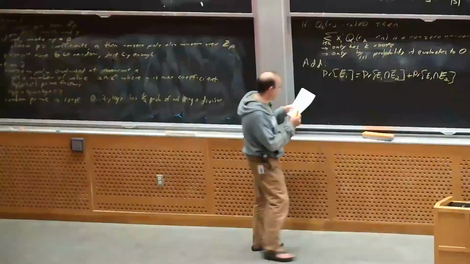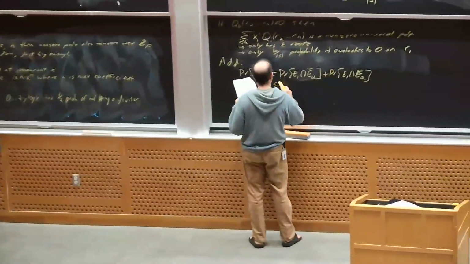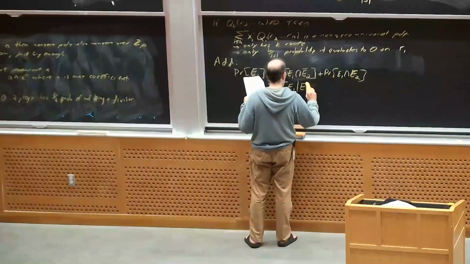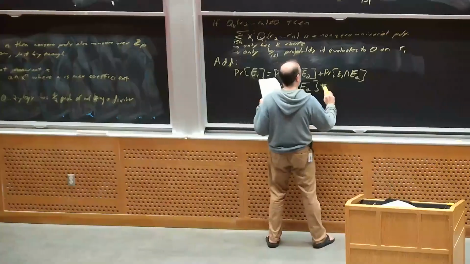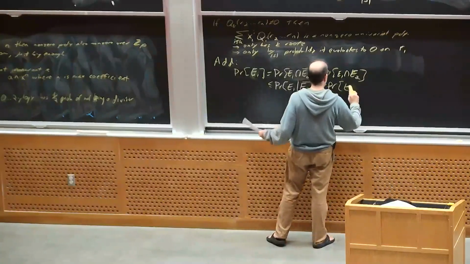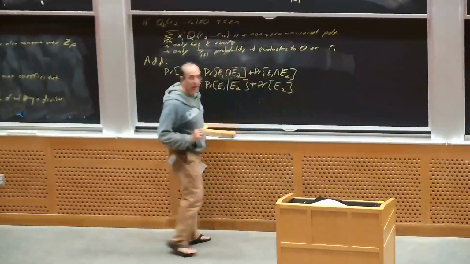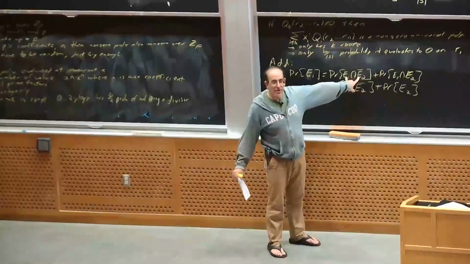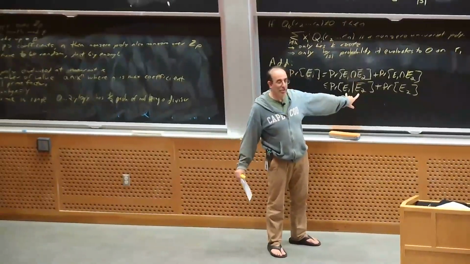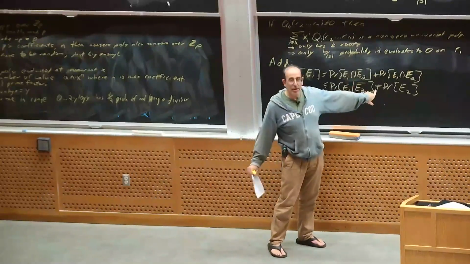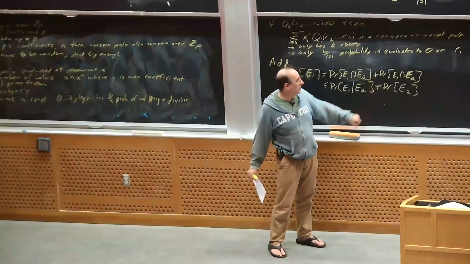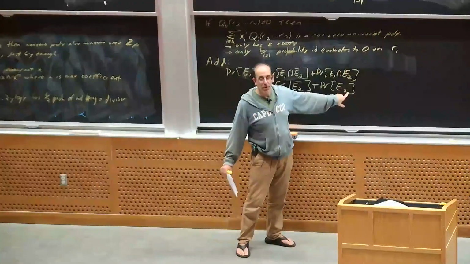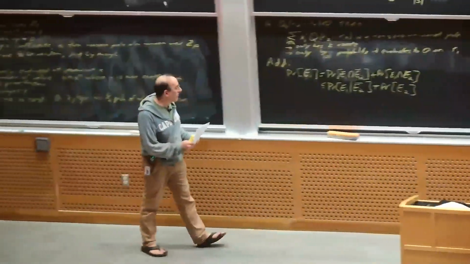Right? That's just basic probability. That's less than or equal to the probability of E1 conditioned on E2 not happening plus the probability of E2 happening. So I've just put upper bounds on each of these, right? The intersection is less than the conditional probability, because to get this, I have to multiply by the probability of not E2. And here, I've just said that the intersection is less than the probability of one of the events. Okay?